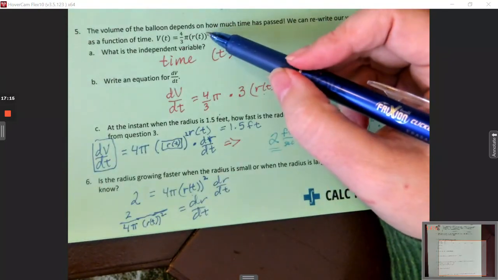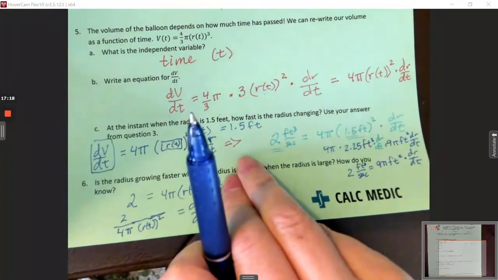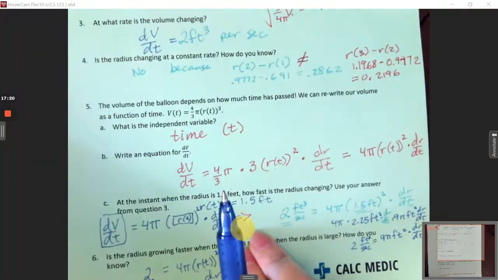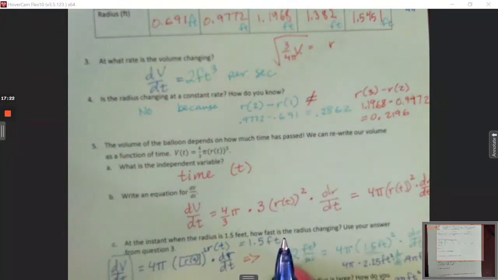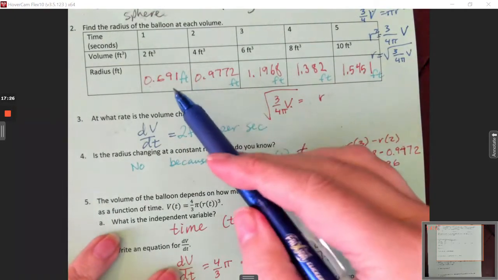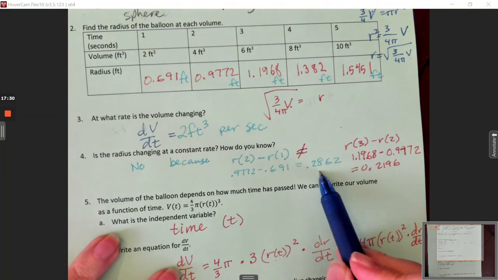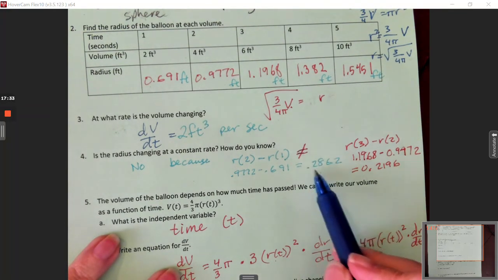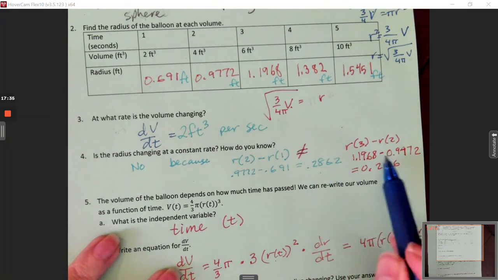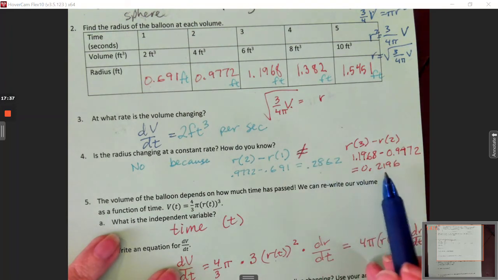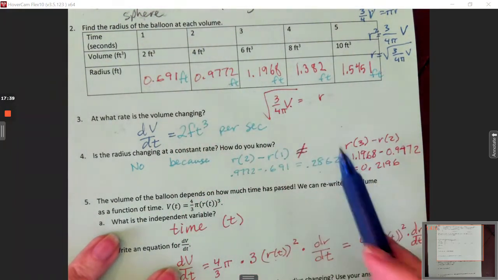And so we go back here, and we also can tell by our table. So let's actually take a look at our table. So what do you think? When the radius was small, it was changing at this speed, divided by 1 second. Okay, so the 1 second is the divider every time.